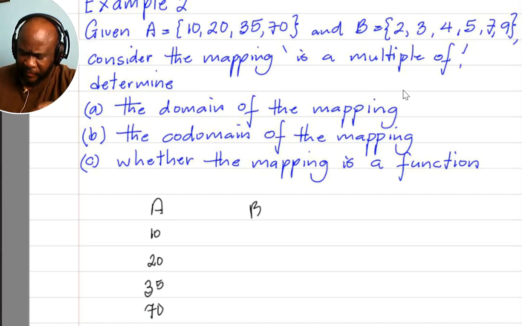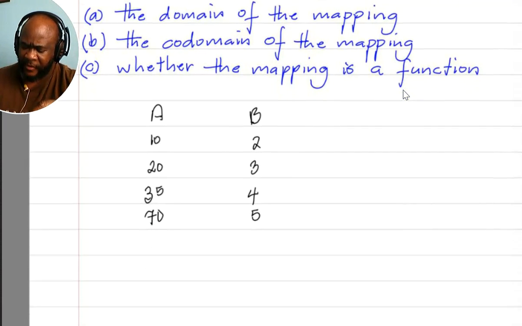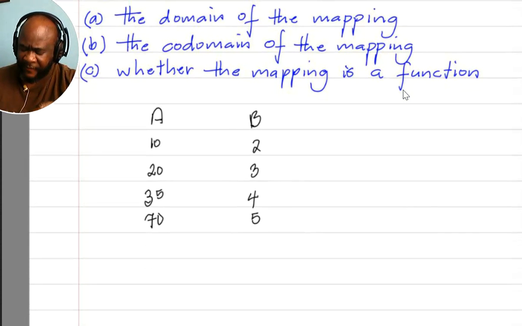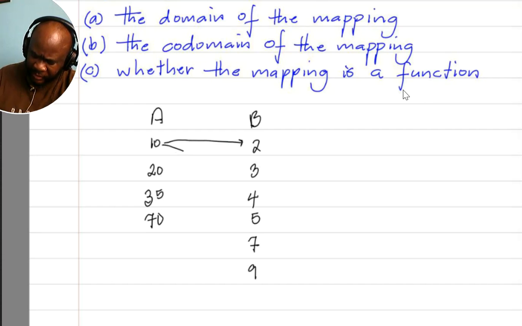B, we have 2, 3, 4, 5, 7 and 9. So 10 would be mapped to 2, and 10 would also be mapped to 5.